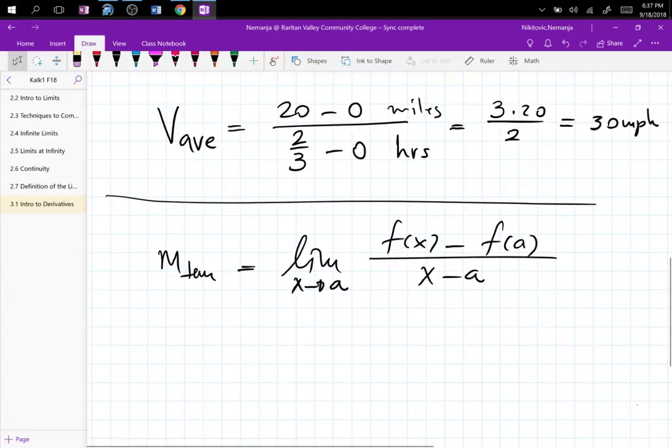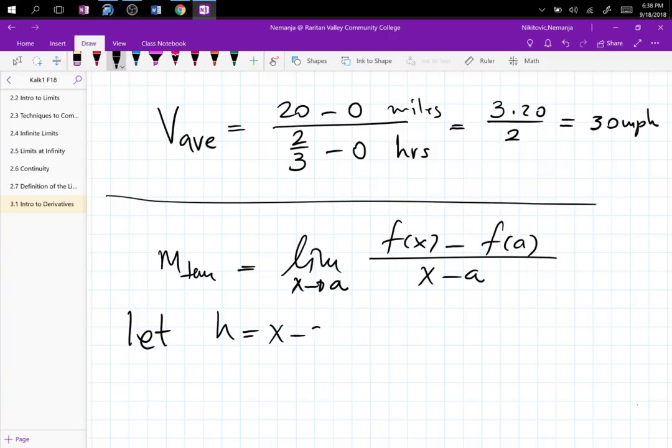For those of you interested in proofs, that's the cool one, it's calculation I mean, let h be x minus a.